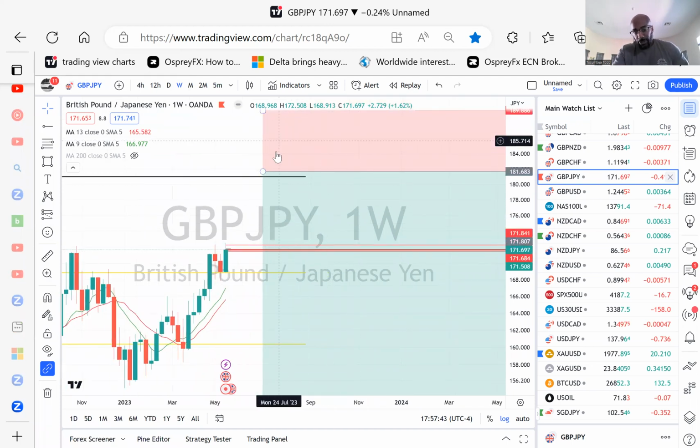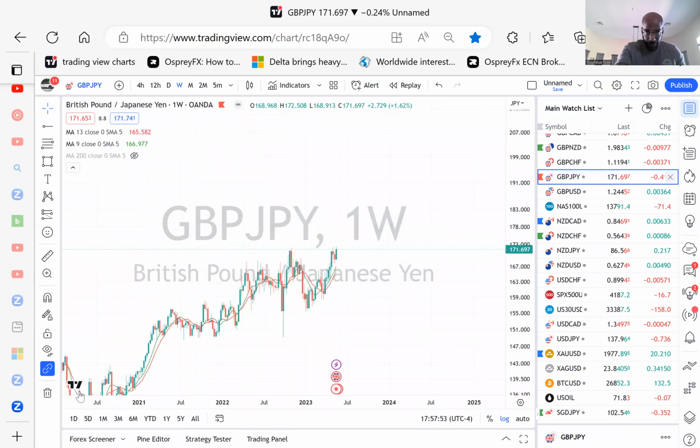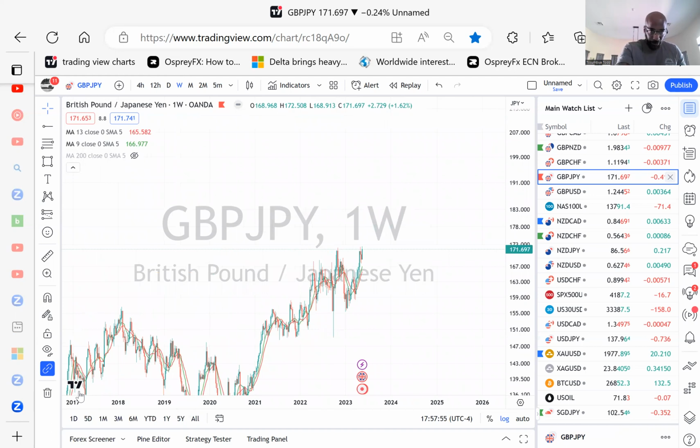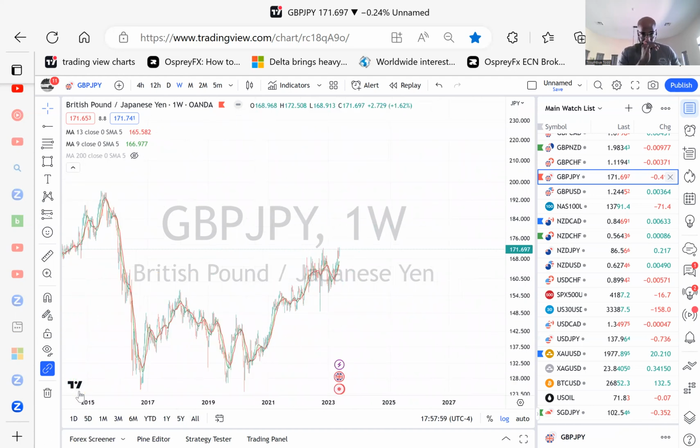And obviously, I've already looked at this chart and made some markings on it, but I'm going to go ahead and remove this. So what I like to see from a big picture perspective here is, what is this chart telling me, right? So back in 2015, the market takes a nosedive, right? It bounces, right?